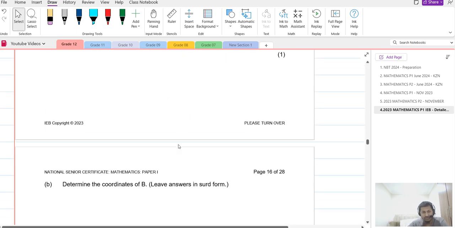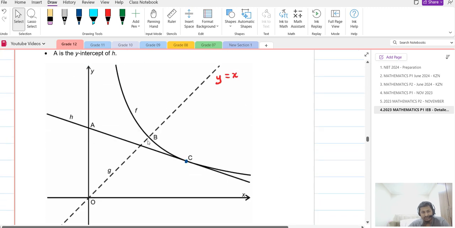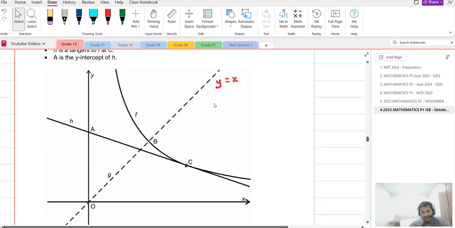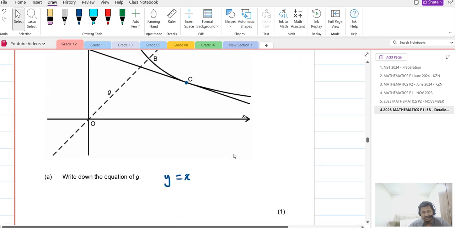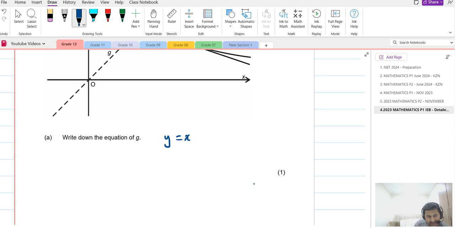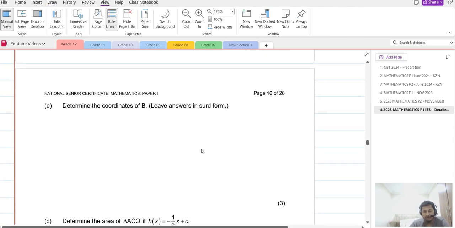Determine the coordinates of B. Leave your answer in surd form. To find the coordinates of B, we use y equals x and y equals 12 over x. So you're going to say 12 over x equals x.